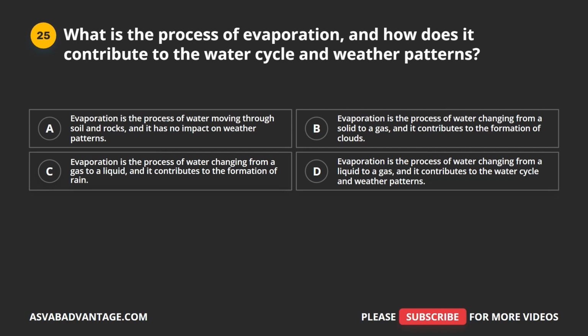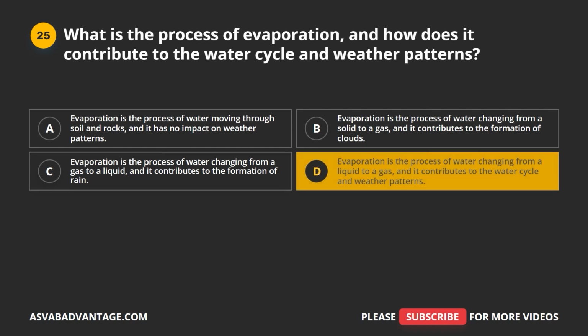C. Evaporation is the process of water changing from a gas to a liquid, and it contributes to the formation of rain. D. Evaporation is the process of water changing from a liquid to a gas, and it contributes to the water cycle and weather patterns. The correct answer is D.